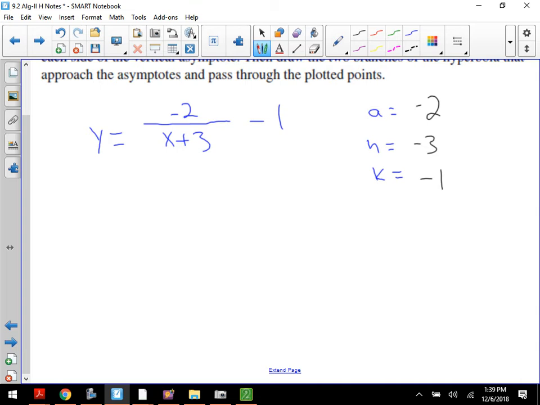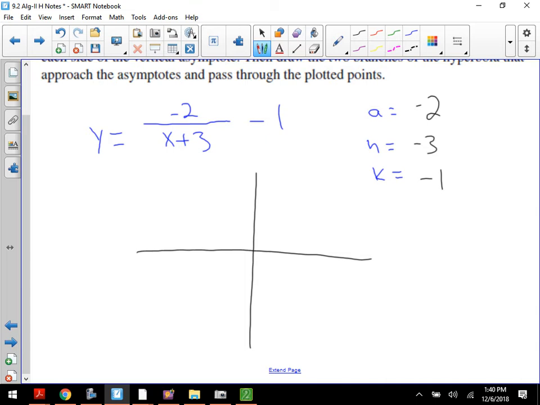So the idea you were just talking about, Sarah, is why isn't it going through the origin anymore? If it was x plus 0 minus 0, my h value would be 0 and my k value would be 0. That's why that happens. We take those original asymptotes and move them horizontally and vertically.